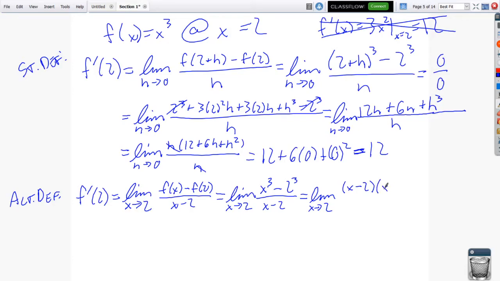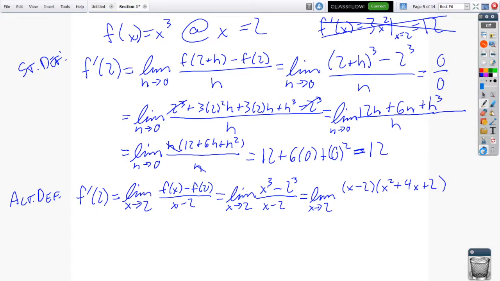After that, I know I'm going to have x squared plus, what was it, 4x plus 2, I believe. No, 4x plus 4.